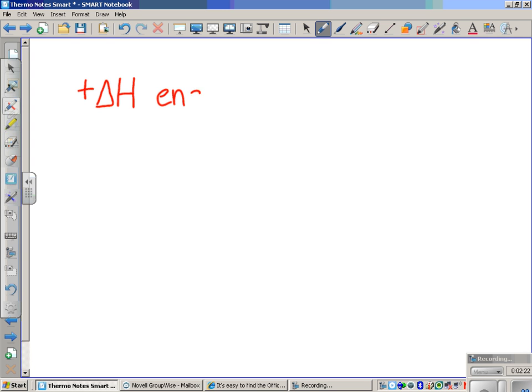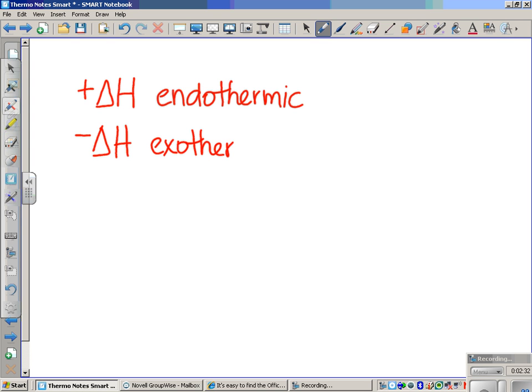You have to know that a positive delta H means endothermic. You have to know that a negative delta H, so this is both enthalpy, means exothermic. You have to know that a positive delta S means the particles have become more disordered.